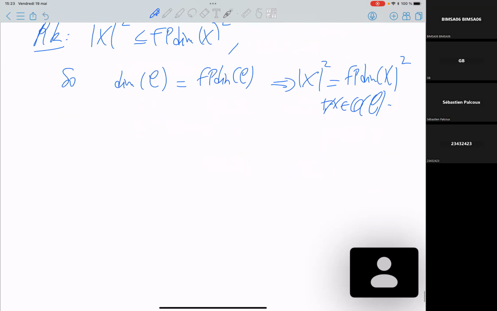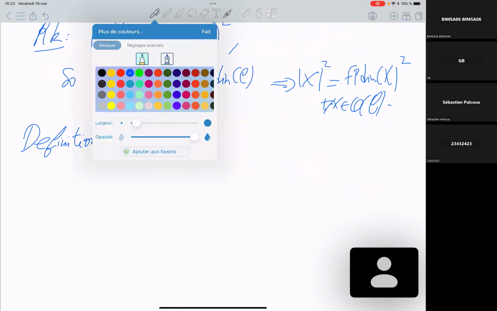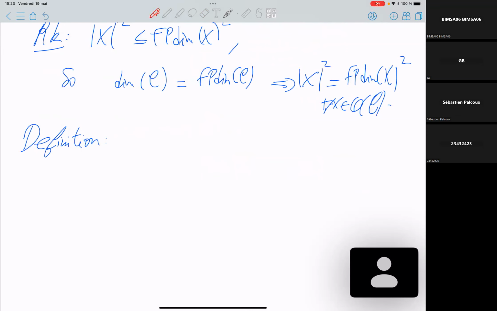And in fact, as I said, pseudo-unitary will be precisely when we have such an equality.